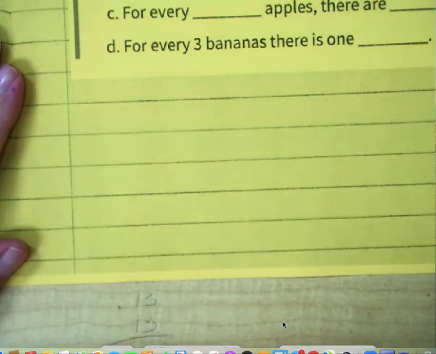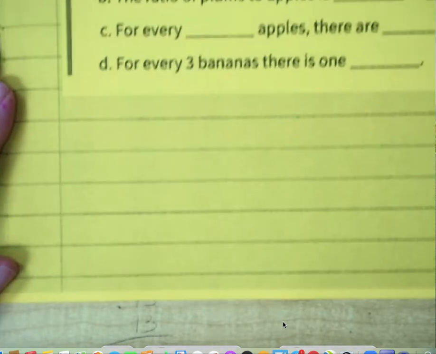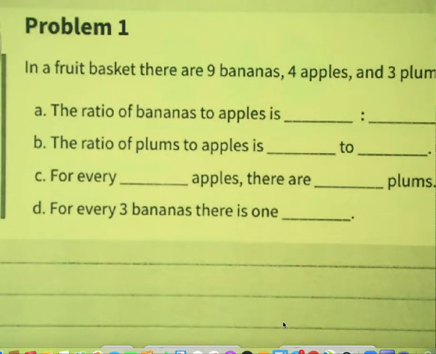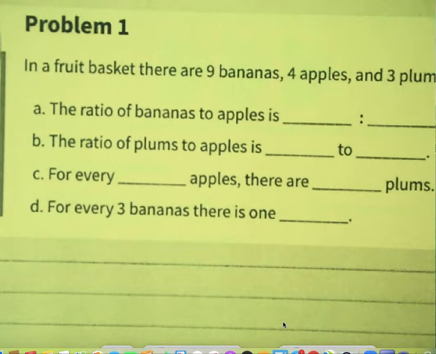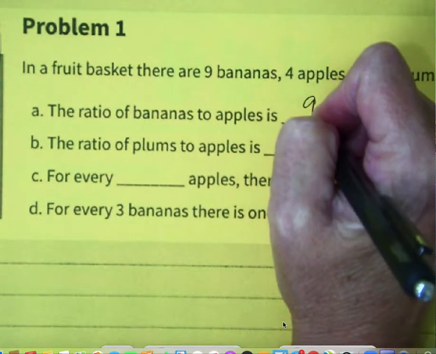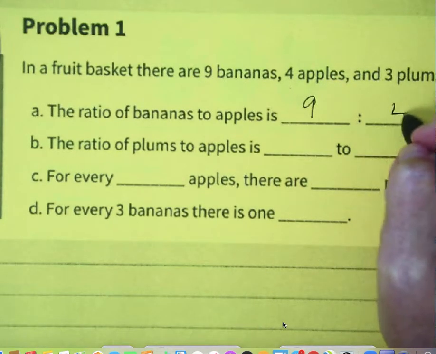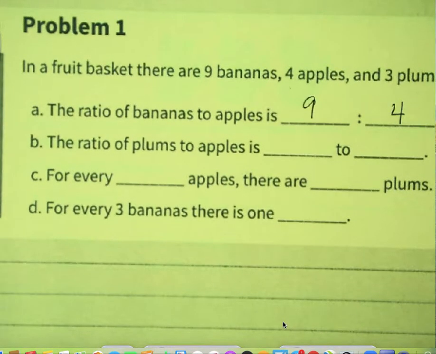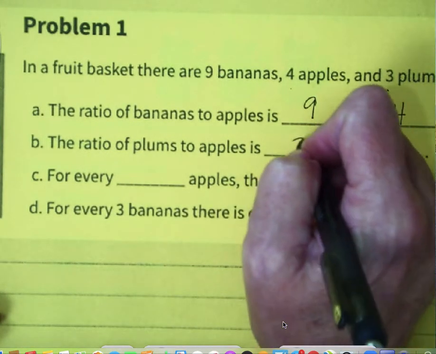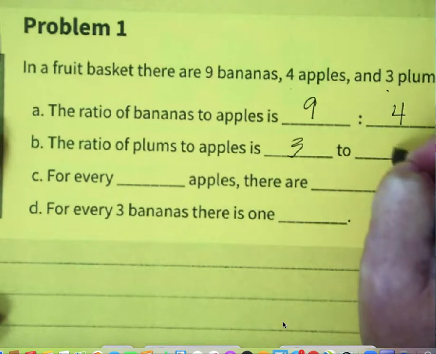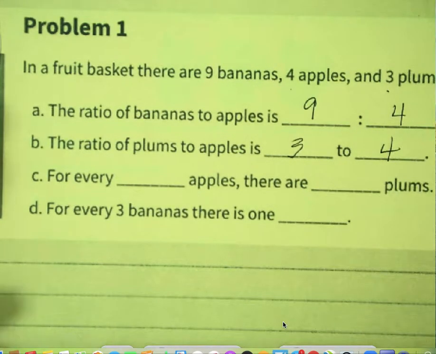So, then, let's do a problem. Okay? The ratio of bananas to apples is blank to blank. How many bananas are there? Well, there are 9, and there are 4 apples. The ratio of plums to apples is 3 to 4. For every blank apples, there are blank plums.